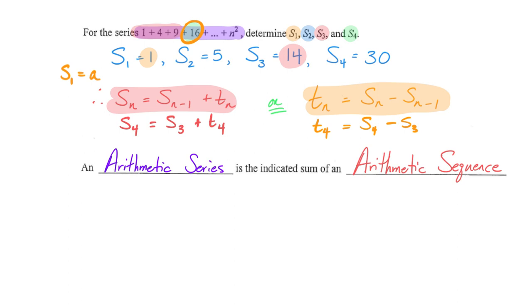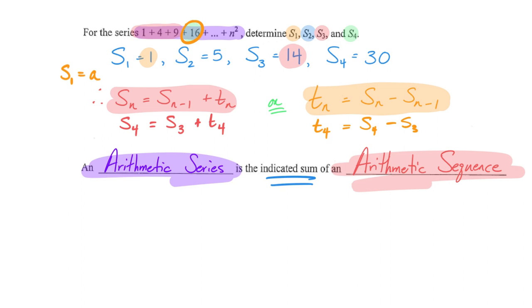And so for us, we should be good that an arithmetic series is then the indicated sum of an arithmetic sequence. And so we may be a little bit better equipped to deal with the concept of indicated sum. All that means is sum up to how many terms. Indicate for me how many terms you want me to find the sum of within a series.